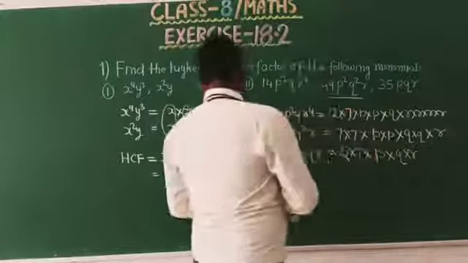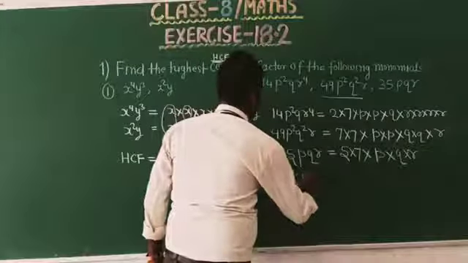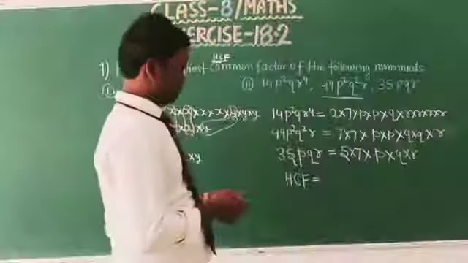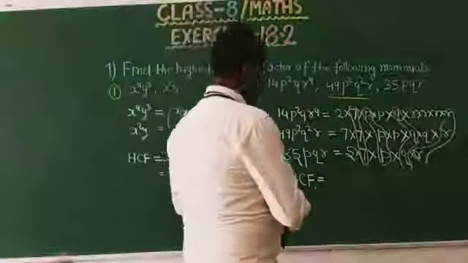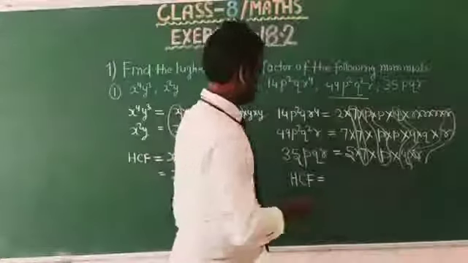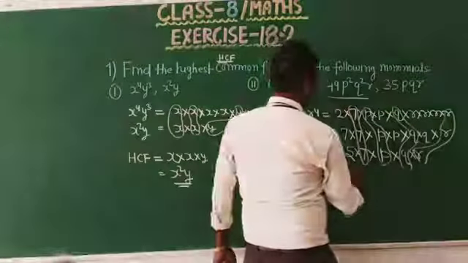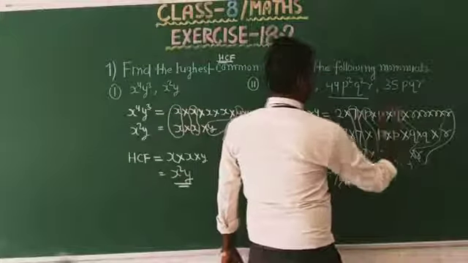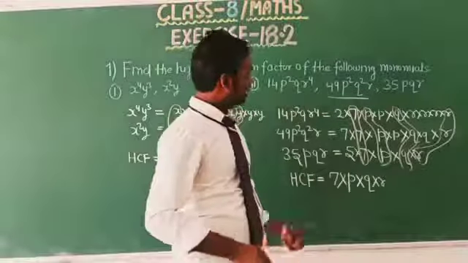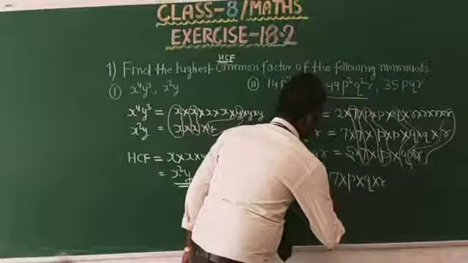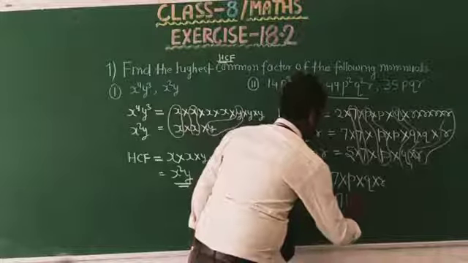So the highest common factor is equal to 7 into p into q into r. Now taking its product, this becomes 7pqr.